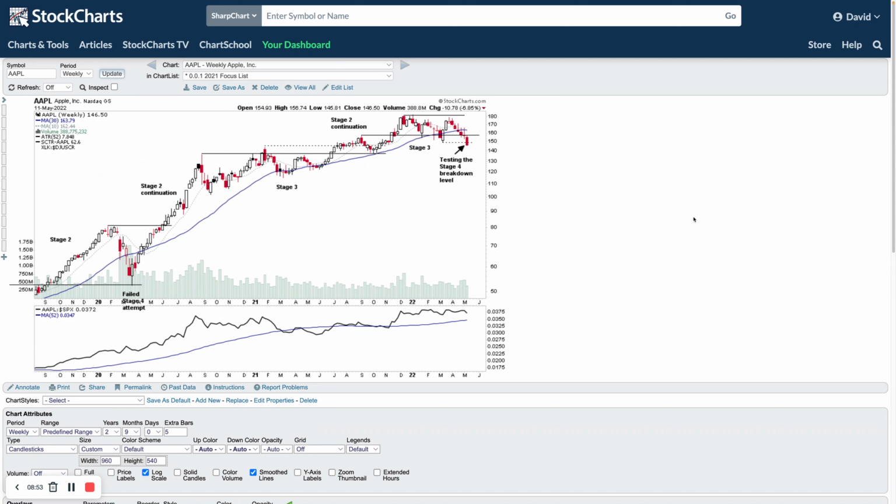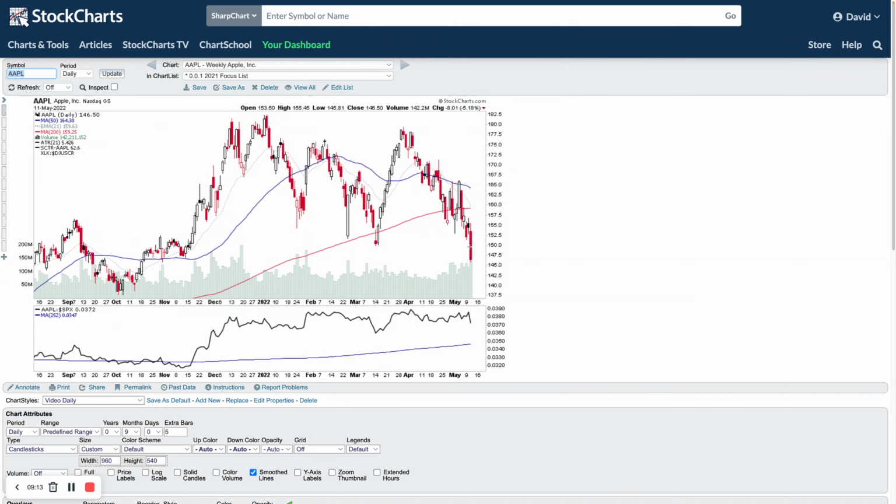Next up, I wanted to look at some of the large cap stocks. I highlighted a lot of these today in the Twitter feeds, as Apple started to make the stage 4 breakdown attempt today. You can see it's down 6.85% on the week to date chart here. If I zoom in on this on the daily, you can see the breakdown attempt today. So it's broken multiple levels in here and closed convincingly near the lows of the day.